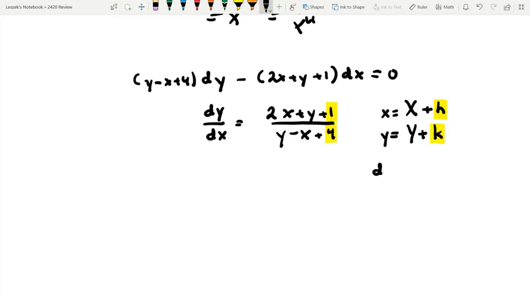So first of all, notice that dy is just d big Y, right? Because that's a constant. And dx is just d big X. So the left-hand side doesn't change because you're just adding constants to the new variables to replace the old ones. So on the left-hand side, that's not a problem.